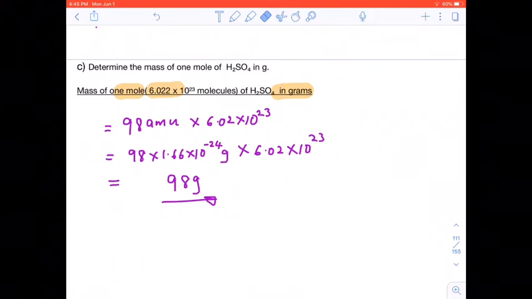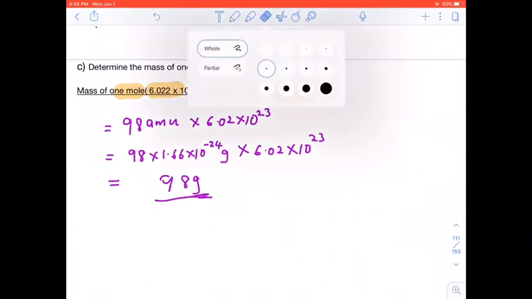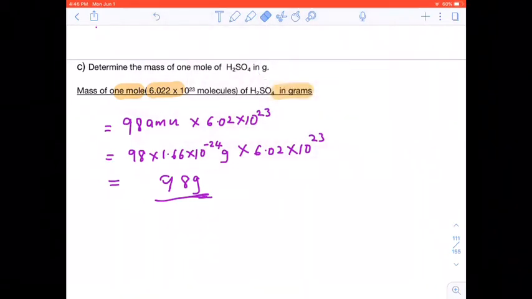You take the formula weight and you express it in grams. So it's 98 grams.